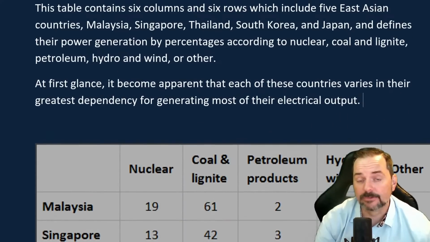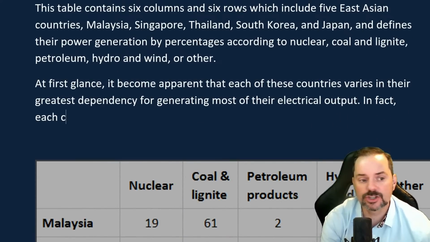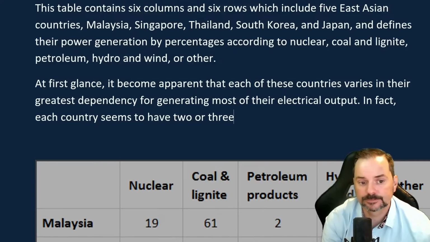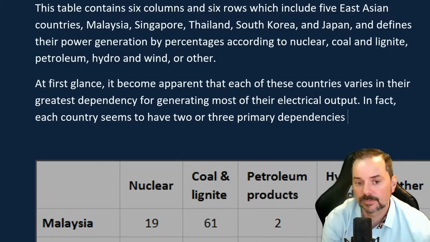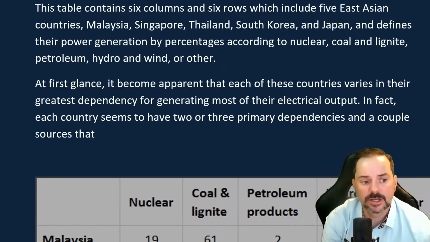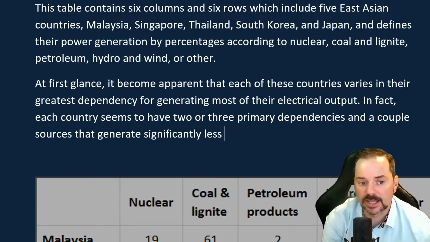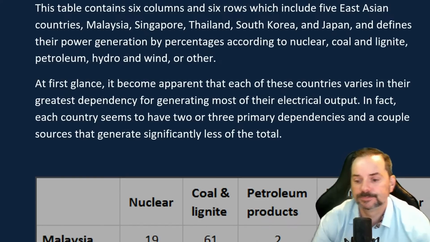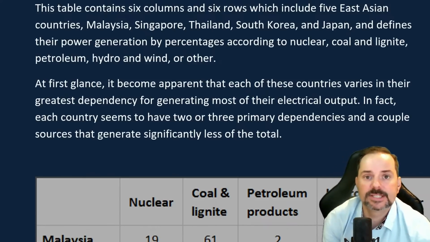Not only that, in fact, each country seems to have 2 or 3 primary dependencies and a couple of sources that generate significantly less of the total. Does everybody see that?